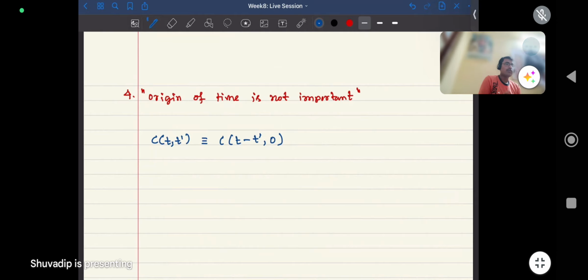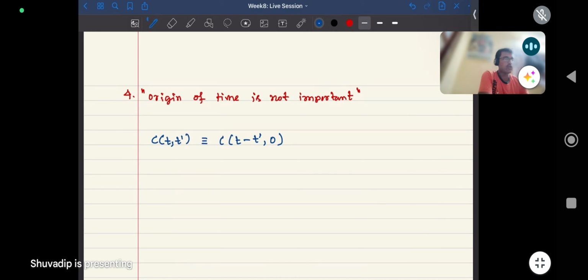So if instead of that, we calculate with t equal to 0 and some time which is t minus t', it will give exactly similar result. Where we are fixing our origin of the time, the t equal to 0 point, our starting point when we are starting the time axis, that point is not important. We can keep our time origin anywhere, but the correlation function doesn't depend on that origin.